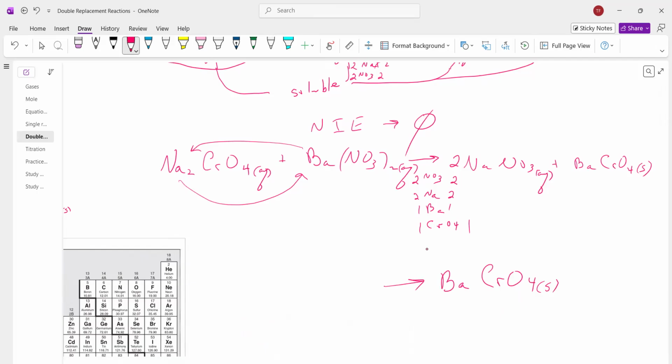We took the barium plus the chromate to get the barium chromate salt.